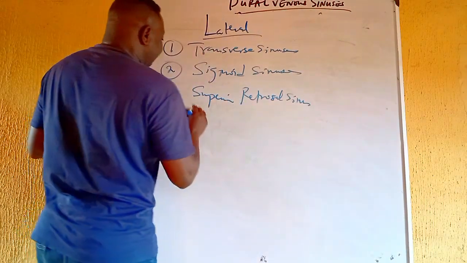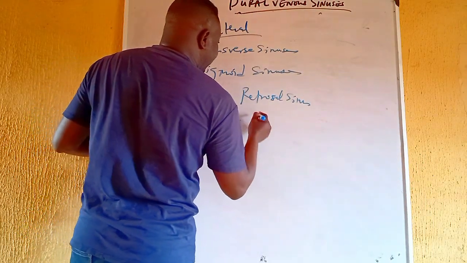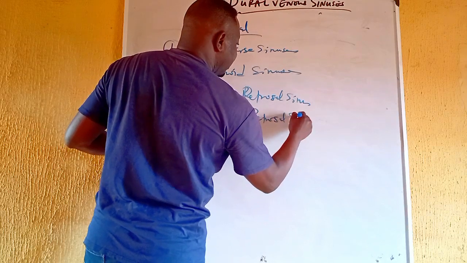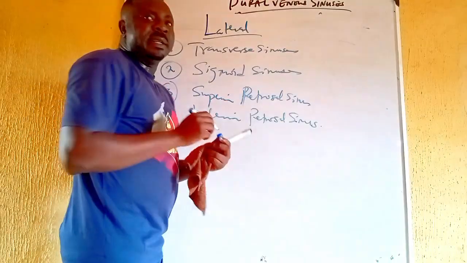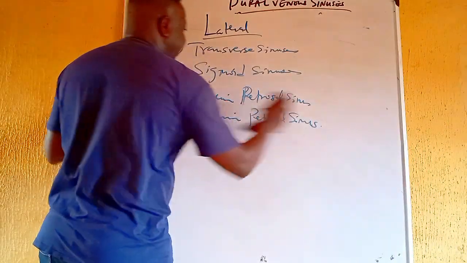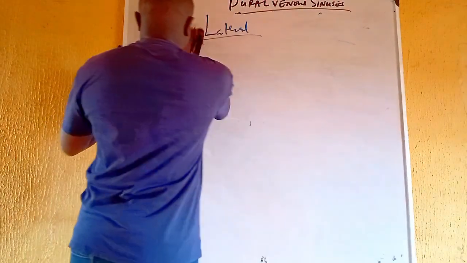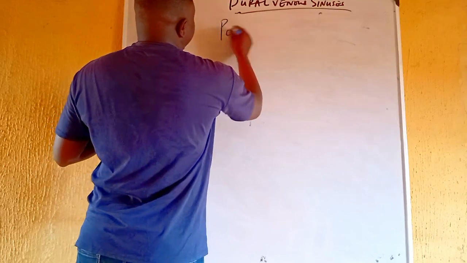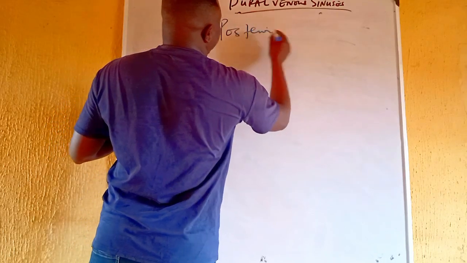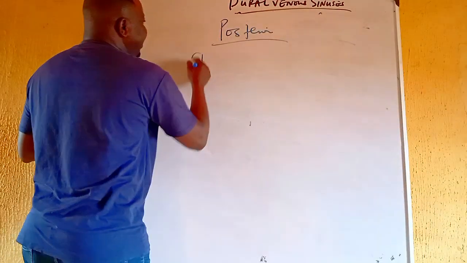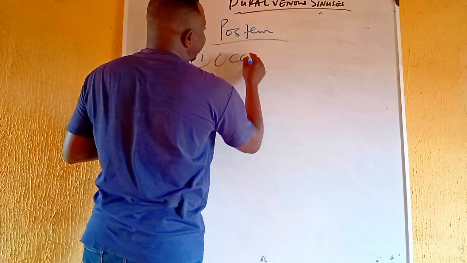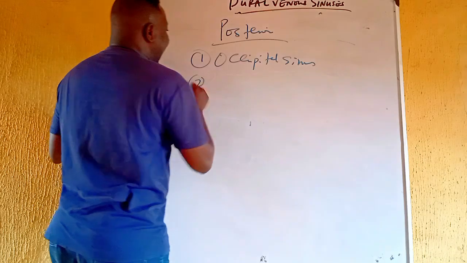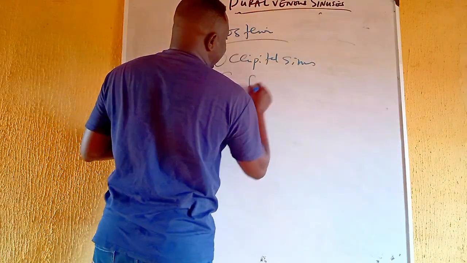Number four, the inferior petrosal sinus. Now, the ones that lie posteriorly are number one, the occipital sinus and the confluence of sinuses.